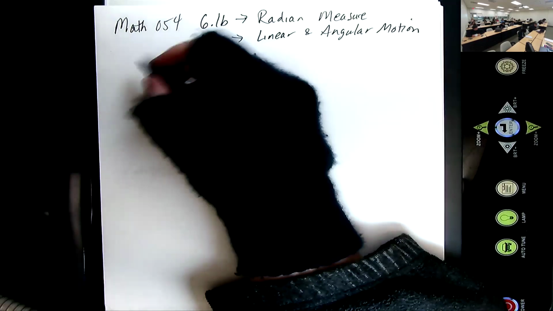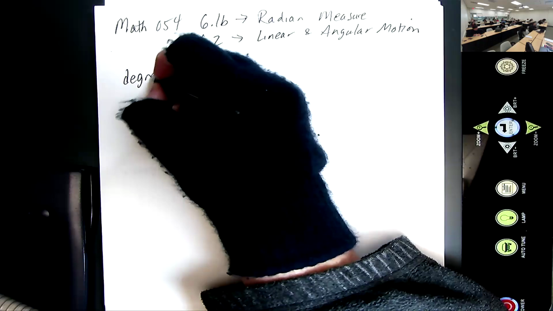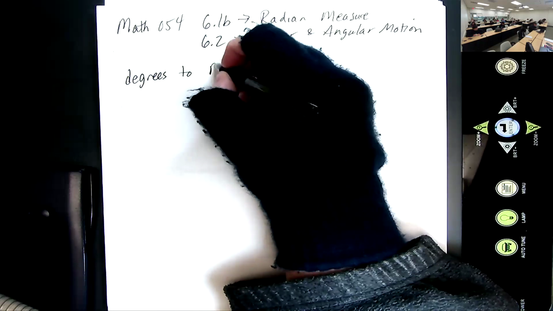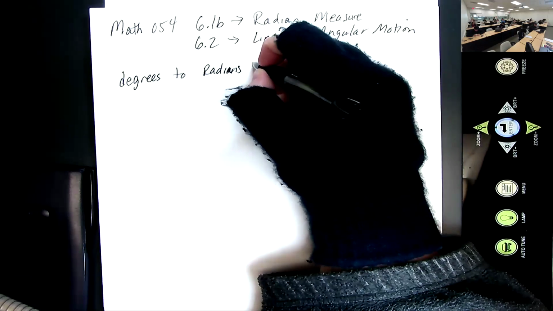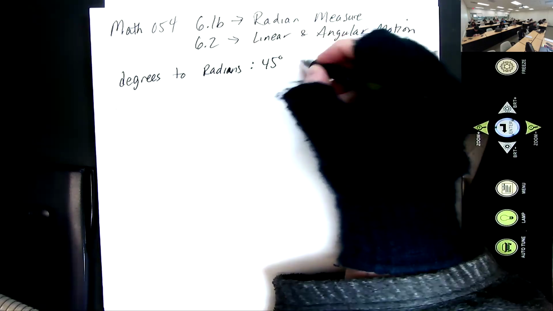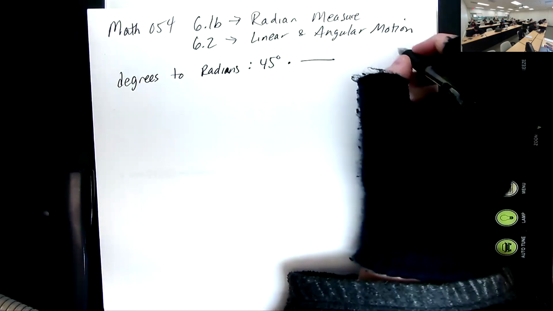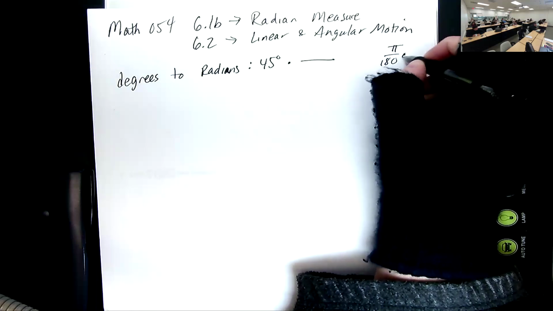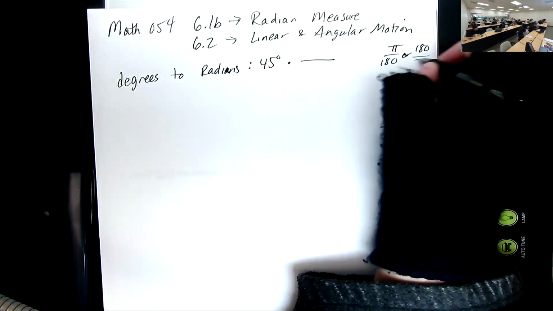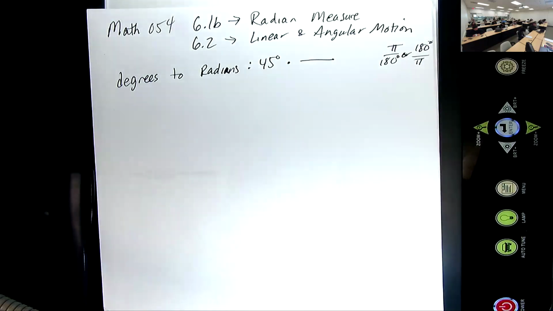And recall, if we wanted to go from degrees to radians, let's say we had 45 degrees. You multiply by a relationship that's either going to be pi over 180 or 180 over pi. The 180 has degrees on it, and pi is in radians.